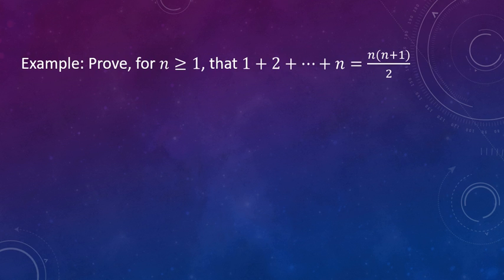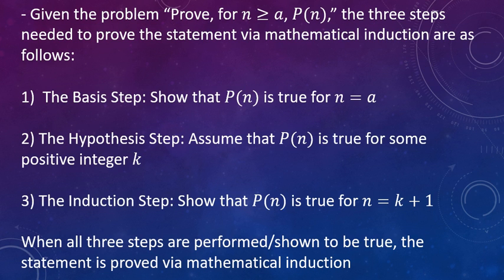Now, if we go back to our three-step process, the first thing we have to do is show the basis step. We have to show that the statement that we're given is true for the first n value that we can have.